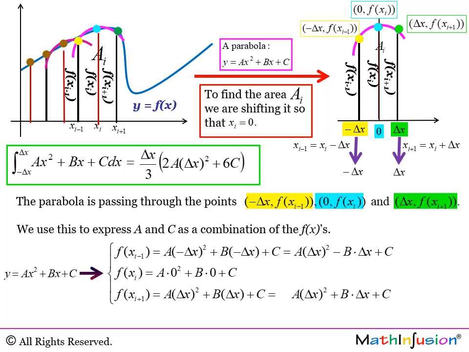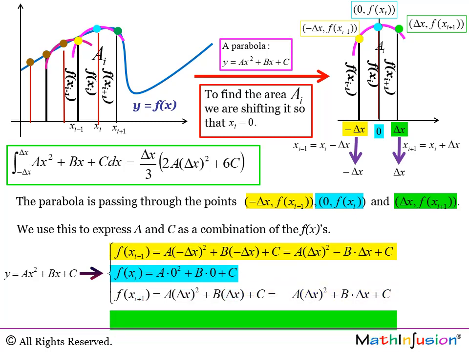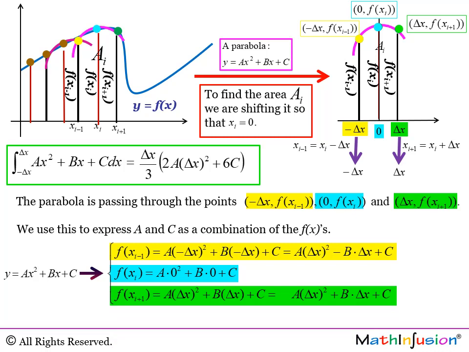And when y equals f of xi plus 1, we substitute for x delta x. From here, it's already clear. What is c? C is just f of xi.